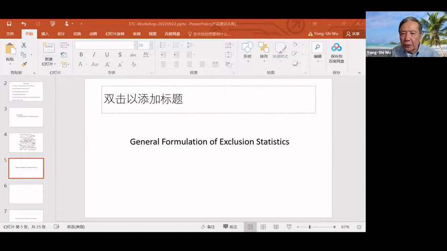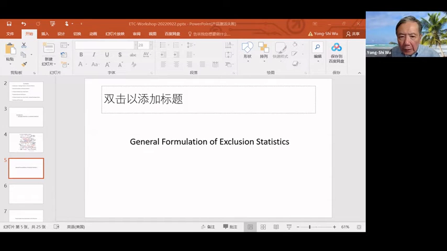For fermions, G choose n. So for the generalized exclusion principle, we introduce a statistical parameter alpha here. Then I can introduce the available single particle states for the nth particle. Okay, so it's given by these expressions.